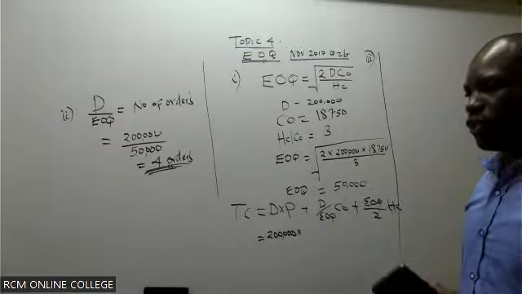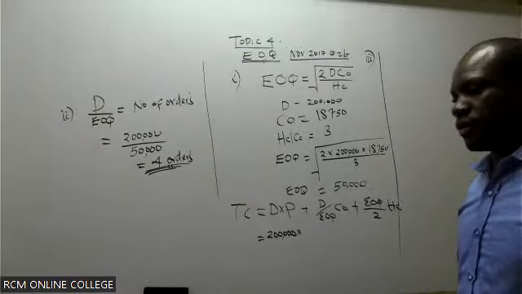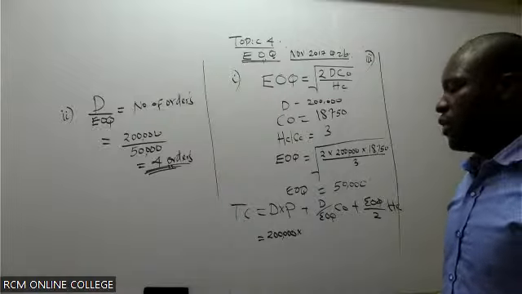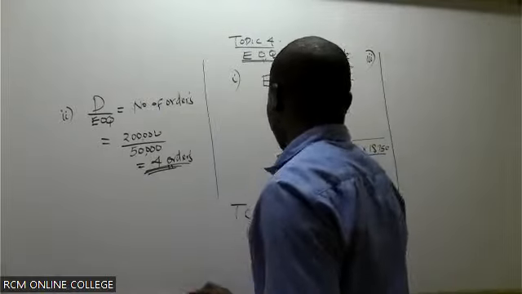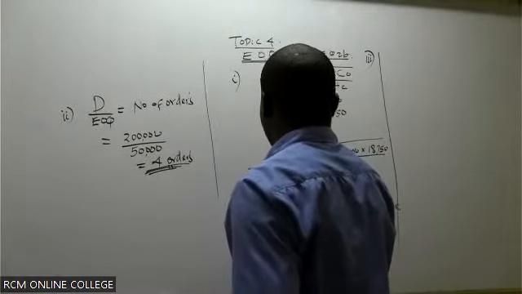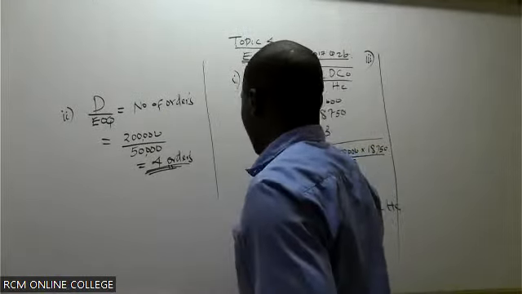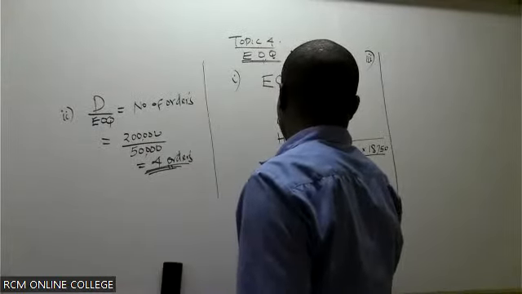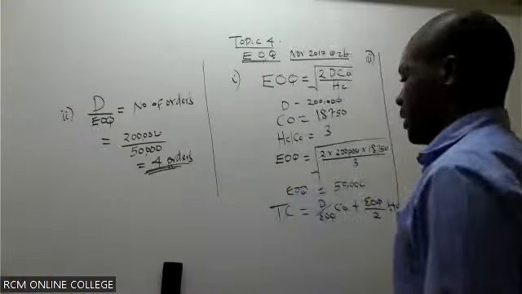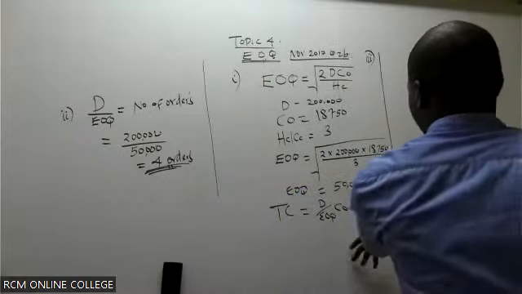The amount you're going to pay to the supplier, do we have it anywhere? No. So if that is not given, basically we change our formula. We do away with where we are required to use the purchase price. So this is what is going to remain here.